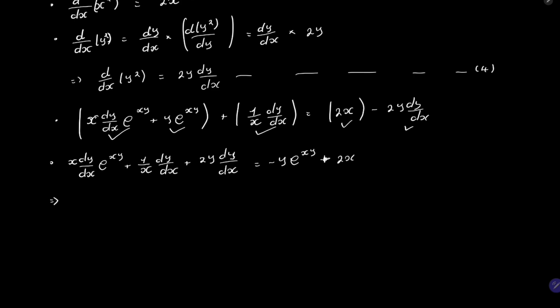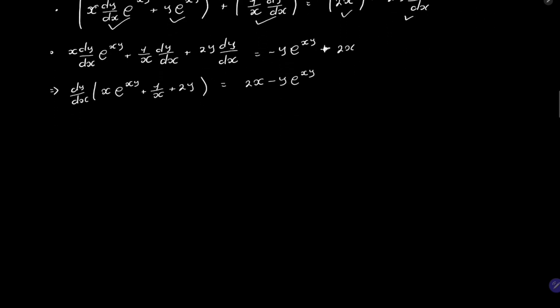Having done this, we can factorize out dy/dx on all the terms of our left hand side, leaving us with dy/dx times, in brackets, x e^(xy) plus 1/x plus 2y, all equal to 2x minus y e^(xy).